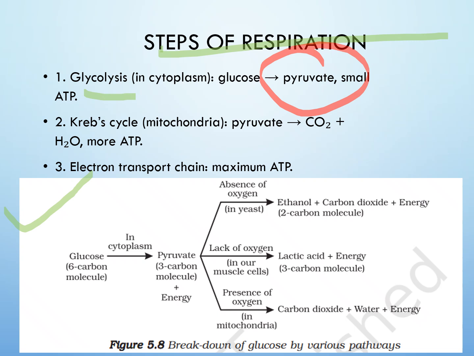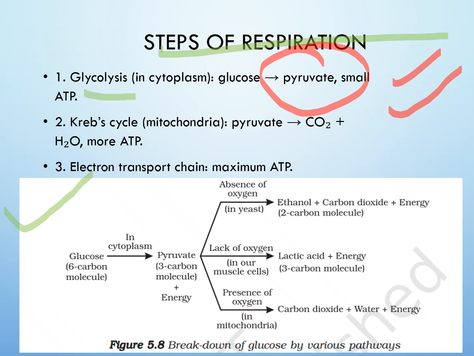This step is common in both aerobic and anaerobic respiration. The next step is the Krebs cycle, which you don't have to study in grade 10. This will be studied in grade 11, but the Krebs cycle is the further part of aerobic respiration, right?